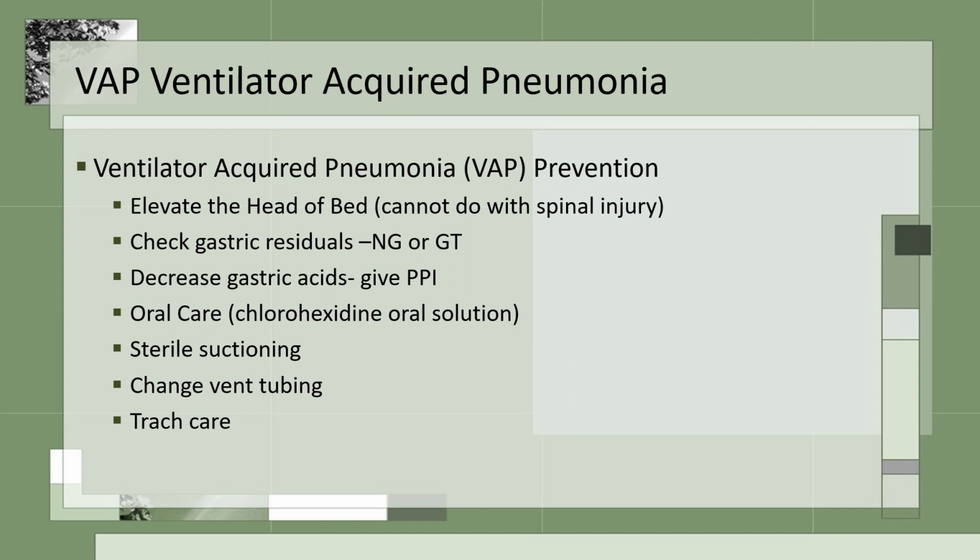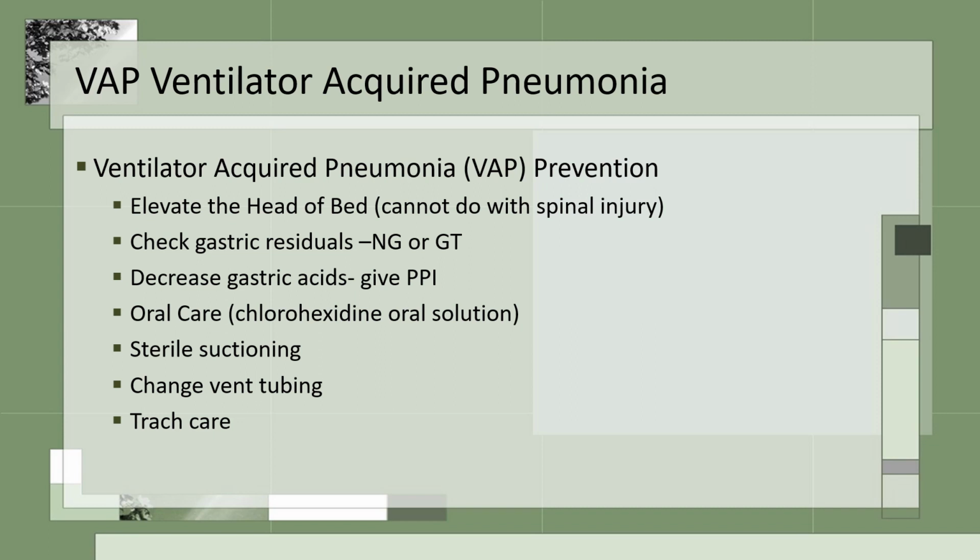Of course, you cannot do this with spinal injuries, but there are other things you can do to make sure that the patient does not get VAP, which would include checking gastric residuals, either their NG or G tube. High gastric residuals will increase the risk for aspiration.